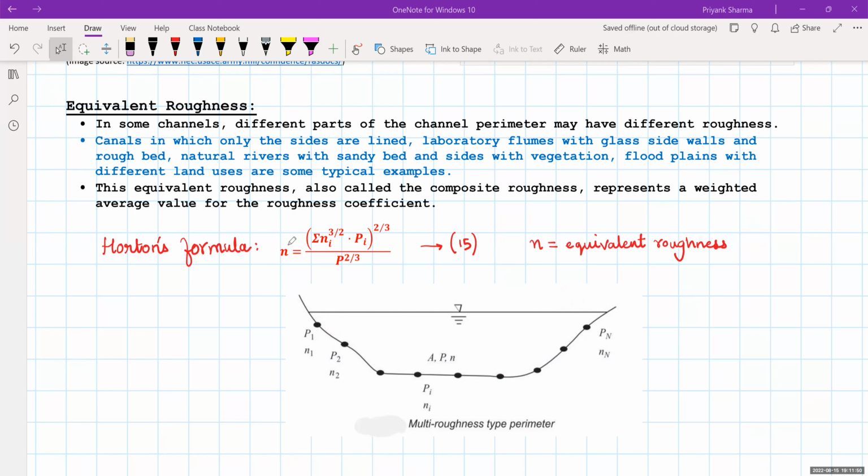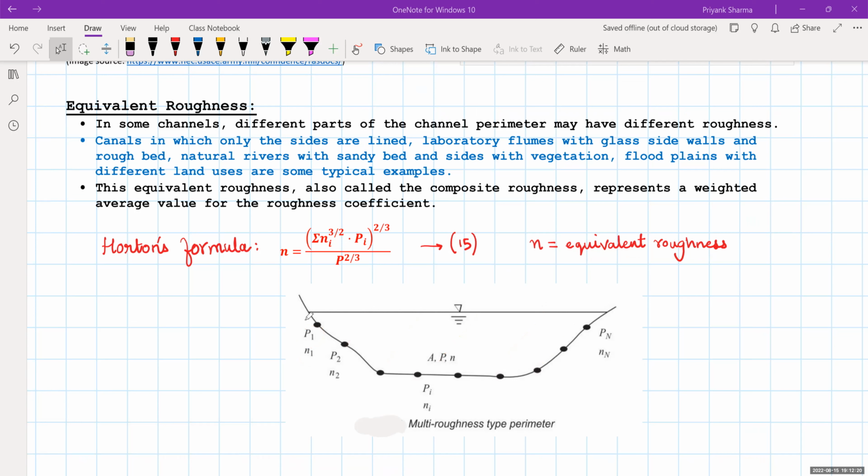It suggests that n is equal to the summation of the product of ni raised to 3 by 2 into pi, the whole raised to 2 by 3, divided by p raised to 2 by 3. Your n is the equivalent roughness you will get for this entire cross section. At each point like p1, p2, p3 and so on, you have the roughness and the wetted perimeter as well. Based on that, you can compute the equivalent roughness or the composite roughness.